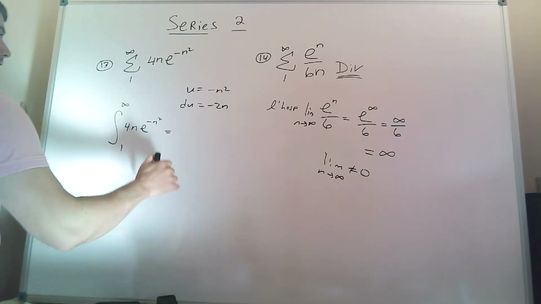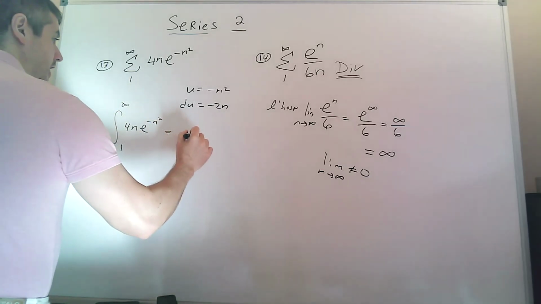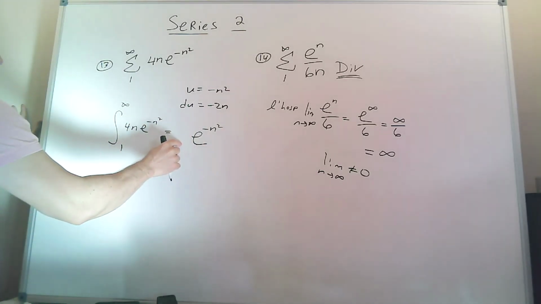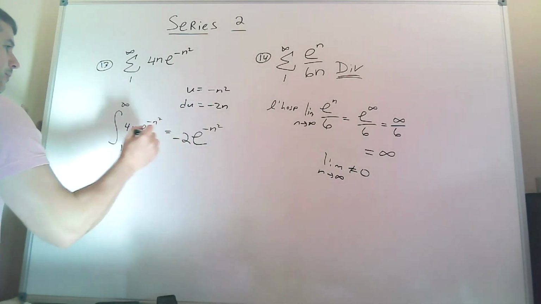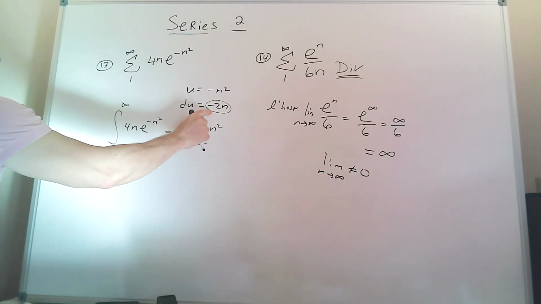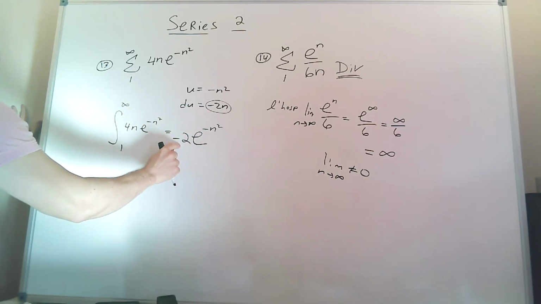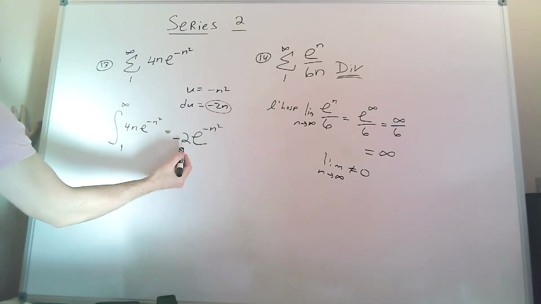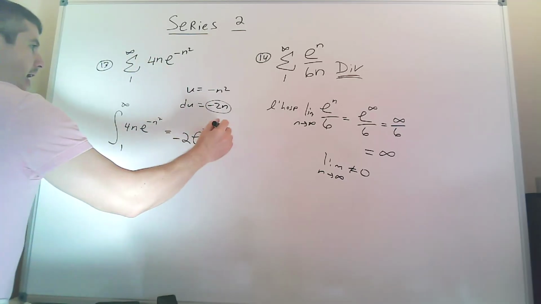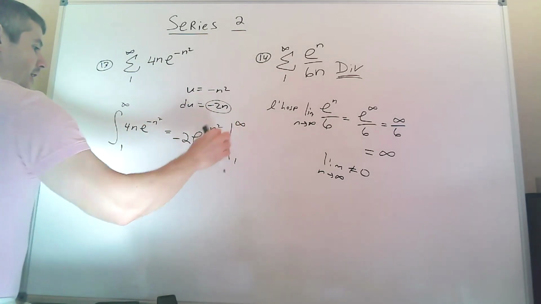That antiderivative, all right? So now be careful. You're going to have e to the negative n squared. All I need in the front is a negative 2, right? If I multiply negative 2n by negative 2, I get positive 4n, right? Negative 2 times negative 2 is positive 4, and then the n goes along for the ride. And then I'm going to evaluate that from 1 to infinity.